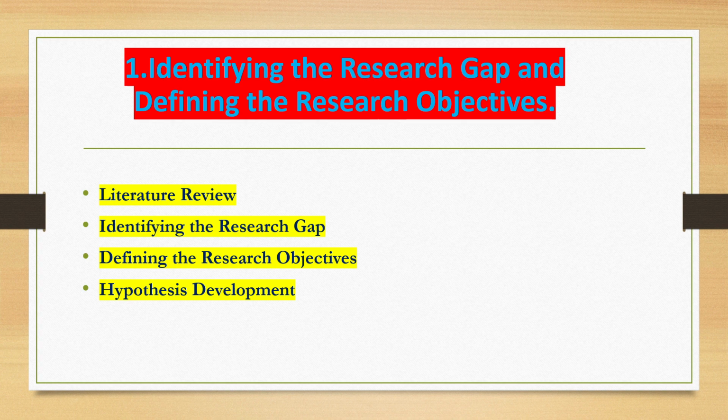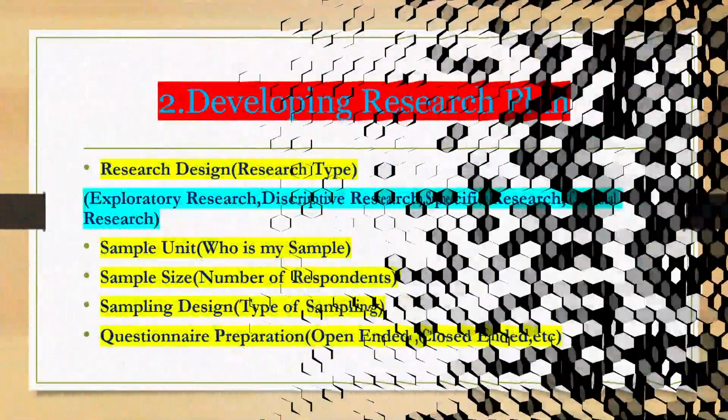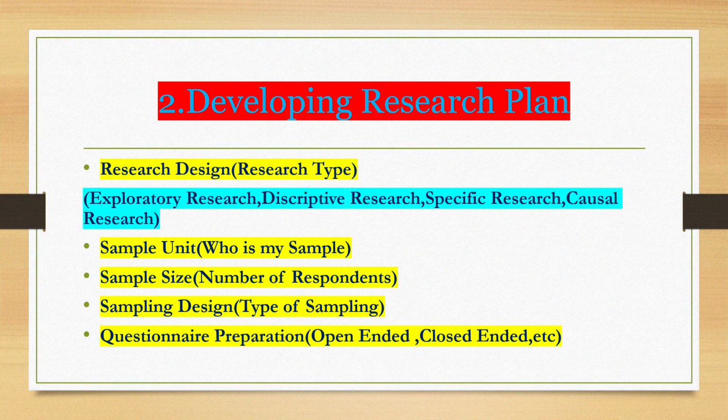So the first step includes literature review, identifying the research gap, defining the research objective and hypothesis development. Once we finish off with this first step, we move on to the second step, and that step is basically the development of research plan. Under this part, what we do is we develop the research design.